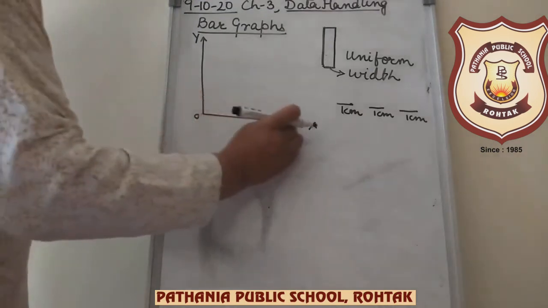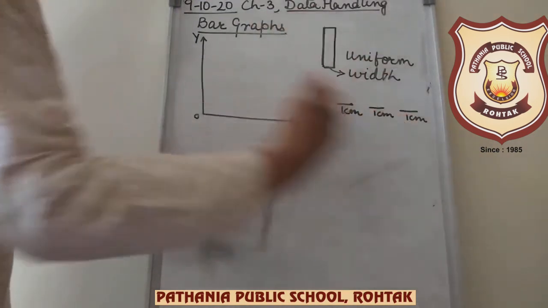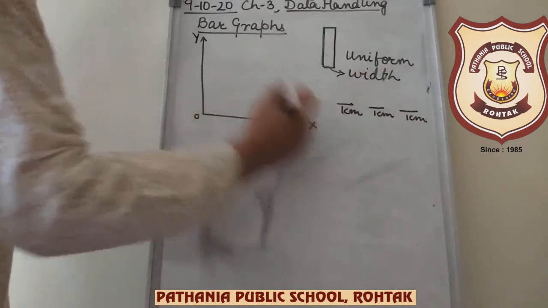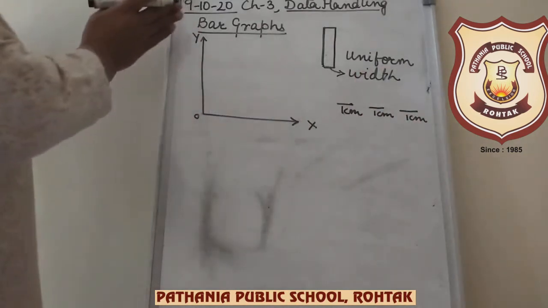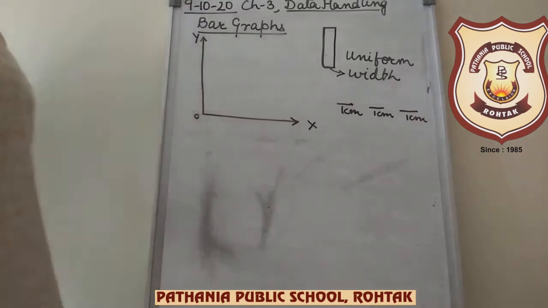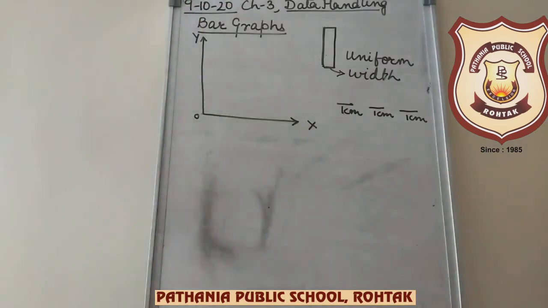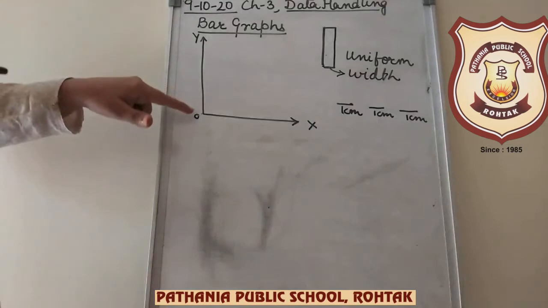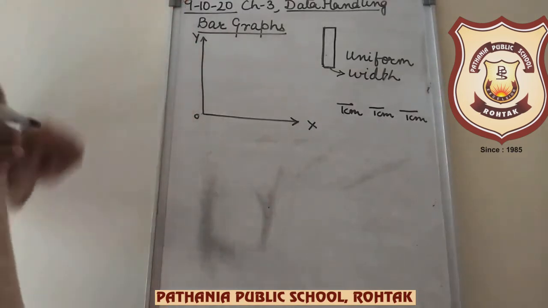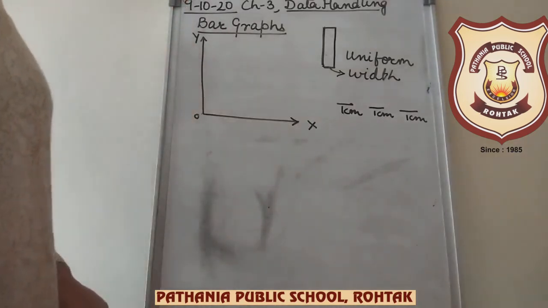Towards your right hand side all the positive values will come, and going upward on the y-axis again all the positive values will come. Is this clear? First thing.